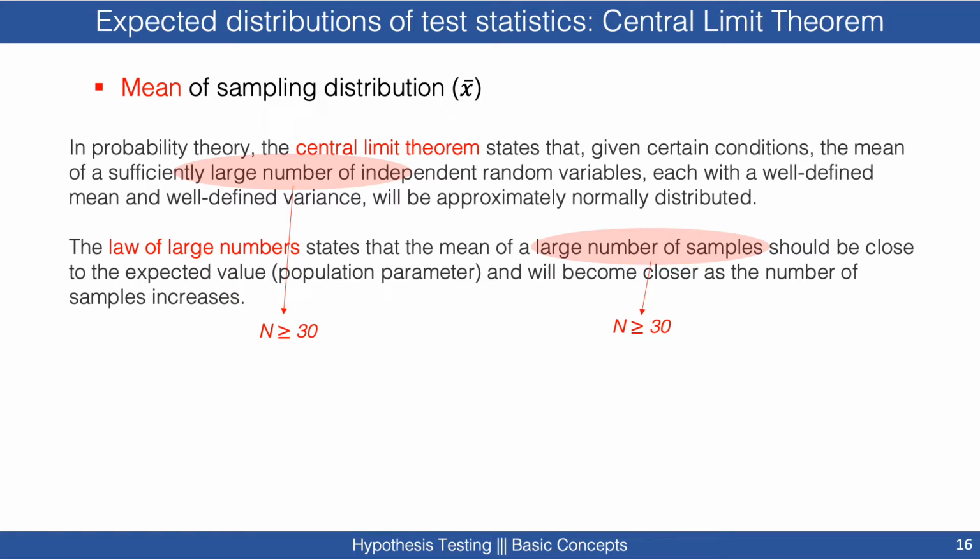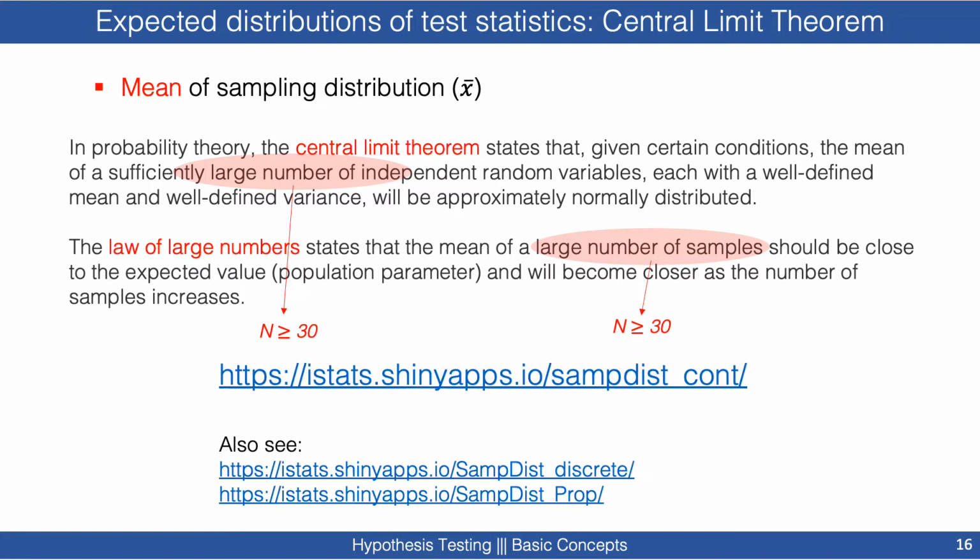But as a rule of thumb, if you have more than 30 samples, then both laws tend to comply. And I'll show you examples where if the underlying distribution is really not normal, then the compliance is much less. And I also encourage you to play with applications that show you how these two laws apply in different cases.